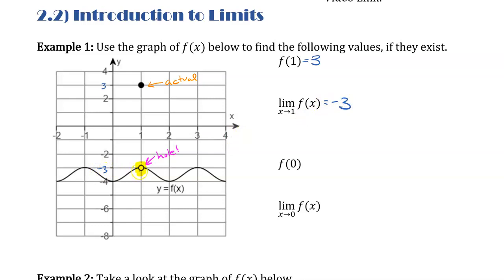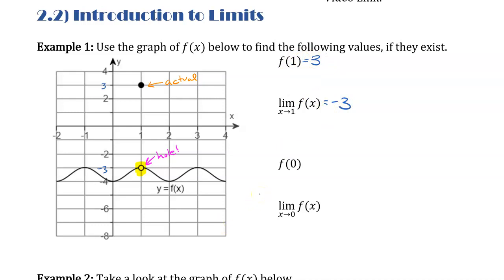As soon as we actually hit 1, that's something else. But the limit as we approach 1 goes with the graph, which goes with the hole, so it's -3. Okay? So when you're talking about holes versus actuals, that is what you're talking about.